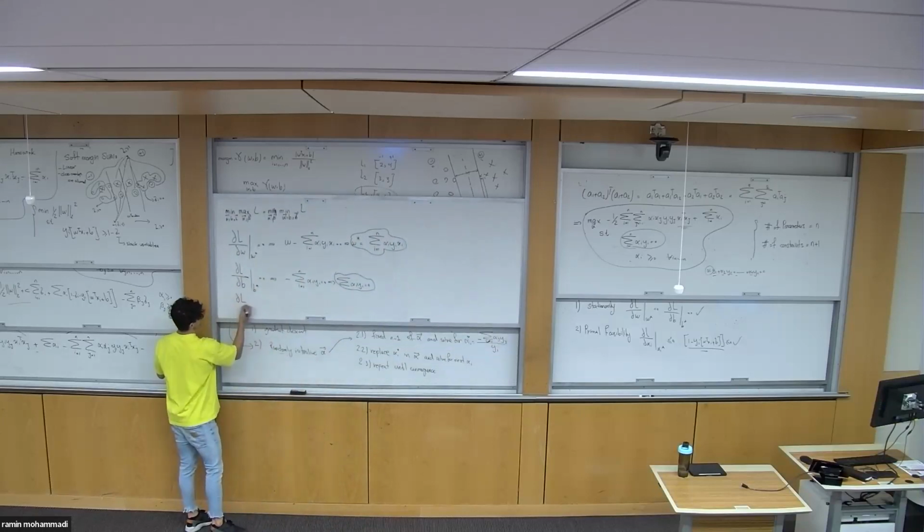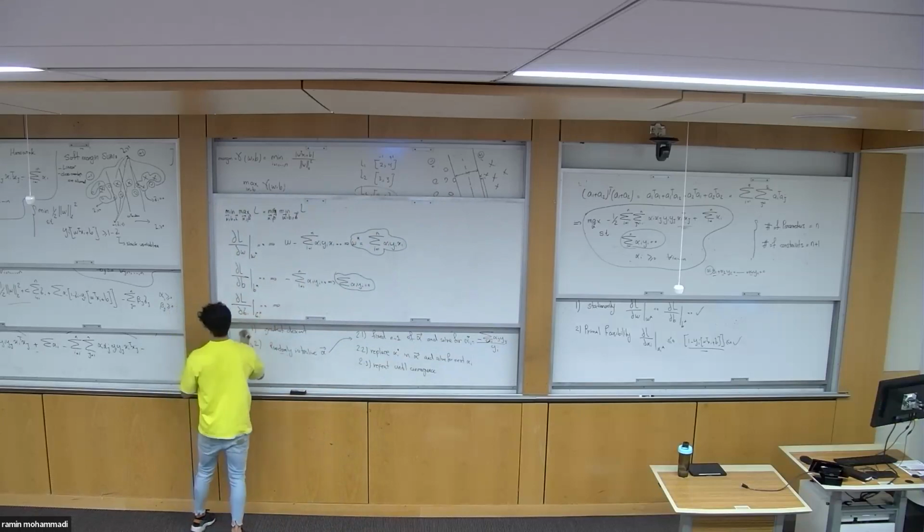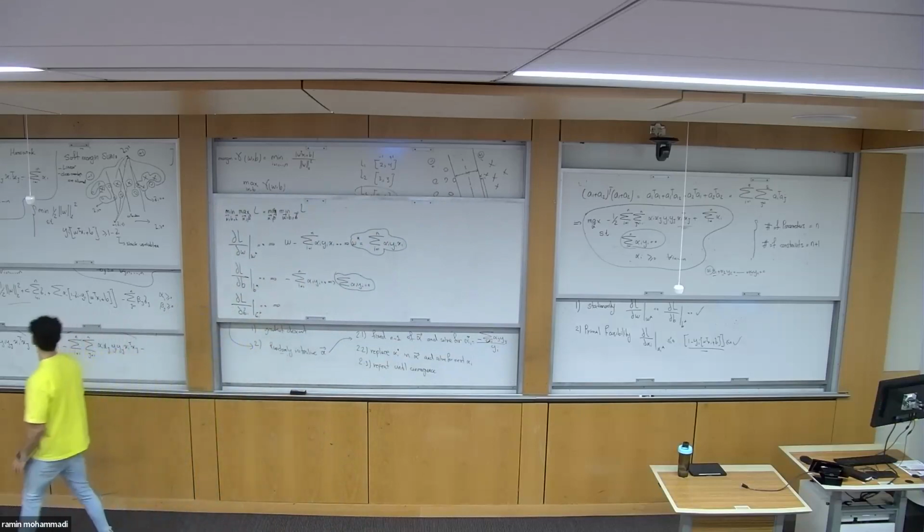And next one, we take a derivative with respect to sigma I. If you take a derivative with respect to sigma I, let's see what we get.